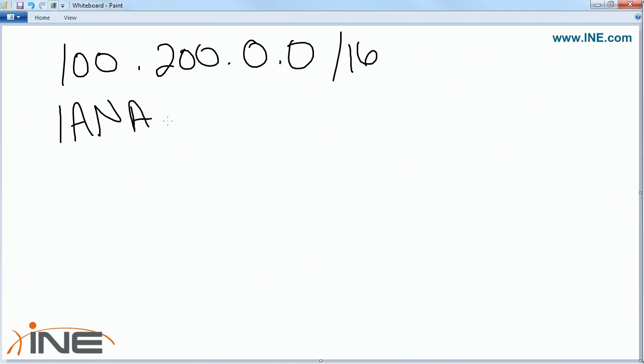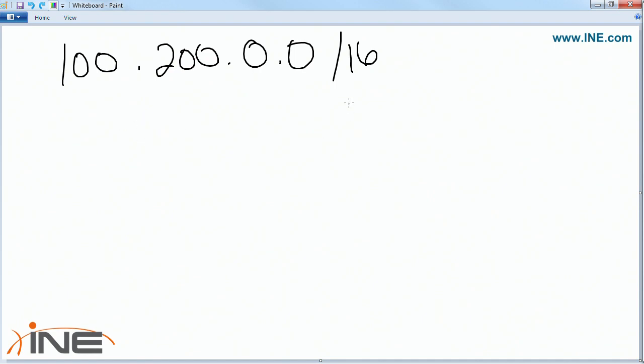So they're the standards organization that actually assigns the addresses to everybody. So I asked them for an allocation. They said, for your network, use 100.200.0.0. And this is a class B, so you have a /16 on this, which is the classful mask. But now I want to break this down into further subnets, or into smaller values.